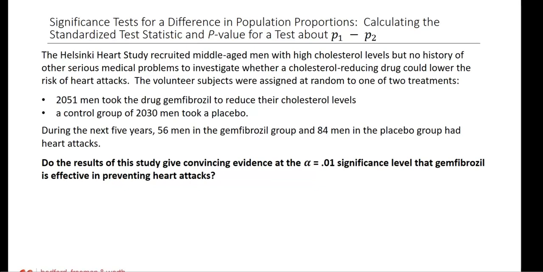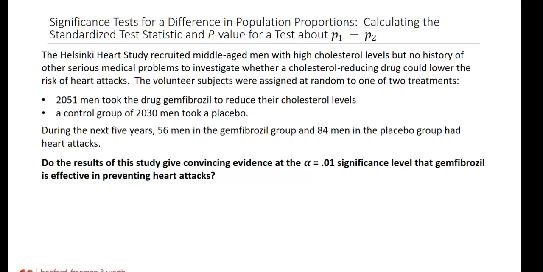A control group of 2,030 men took a placebo. During the next 5 years, 56 men in the gemfibrozil group and 84 men in the placebo group had heart attacks.